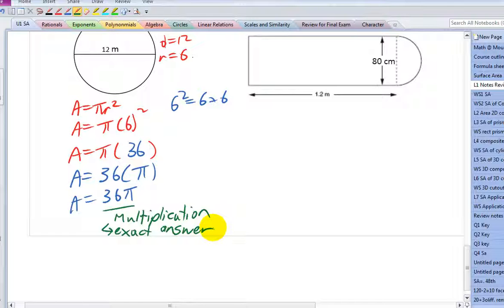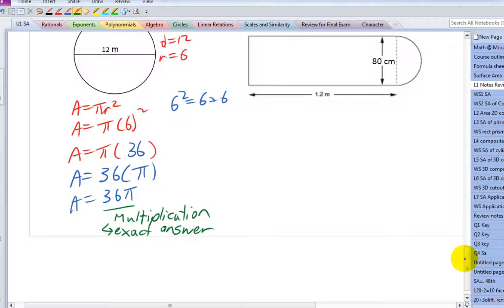You probably will not see the decimals on a multiple choice test. You will see the exact answer. So you just write it and leave it as 36 pi. Later on we're going to add pi's together. Because if you have 12 pi and 3 pi, how many pi's would you have? 15. Nice and easy. We'll talk more about that later.